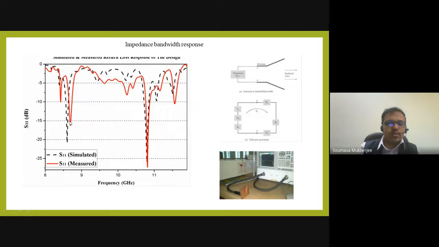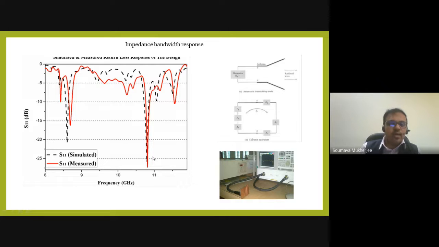So this is saying that at this point and this point the antenna is working properly. At other points, it is close to 0. S11 in dB scale close to 0 means it is either open circuit or short circuit, and the lower it is, the closer it is to the impedance matched condition, and that's the frequency where this antenna is operating.